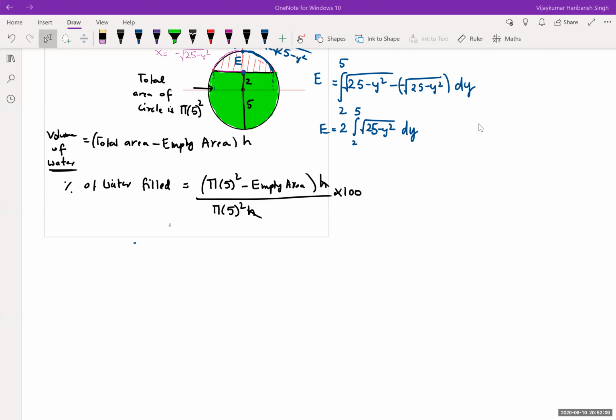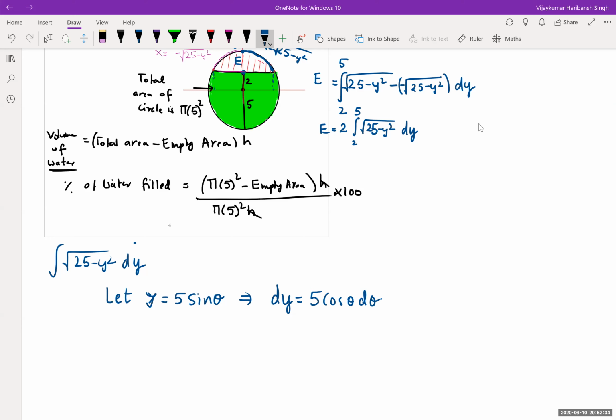Let's integrate the square root of 25 minus y squared first as an indefinite integral. So let y be 5 sine theta. This implies dy equals 5 cosine theta d theta.